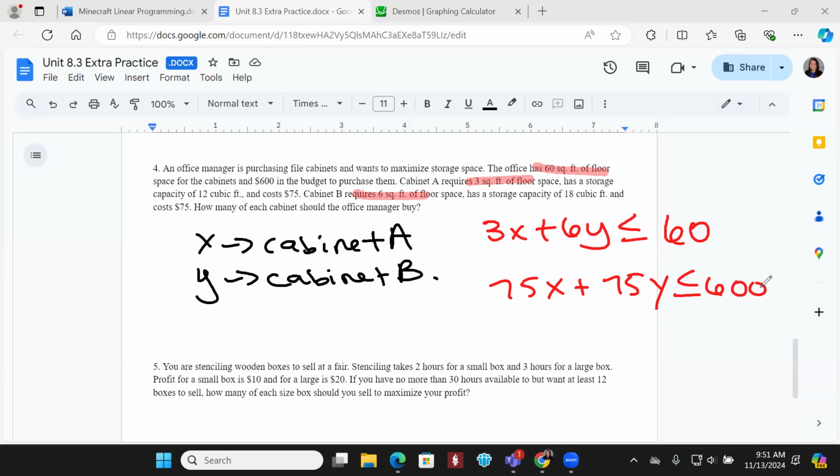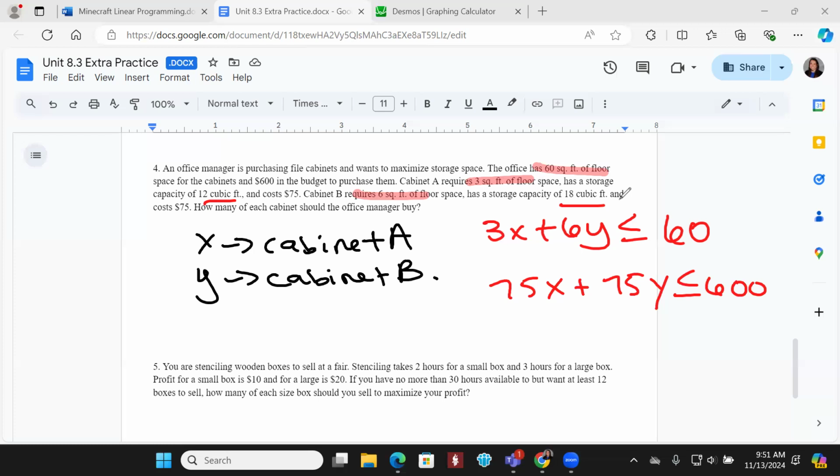Okay. So what do we do with these two numbers? Do you have to spend $600? Could you spend less than? Yes. So that's why it's an inequality. So what is the question asking?